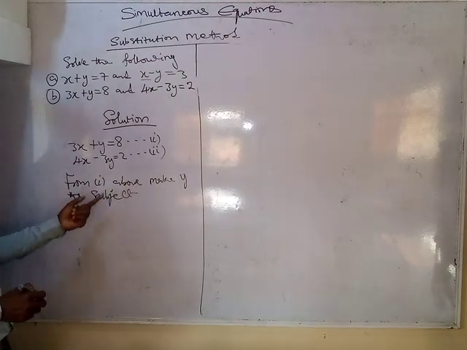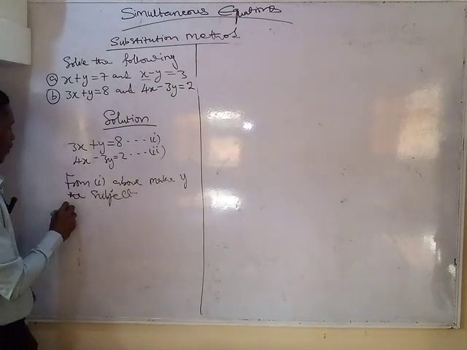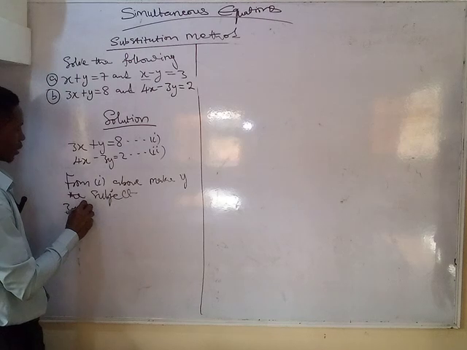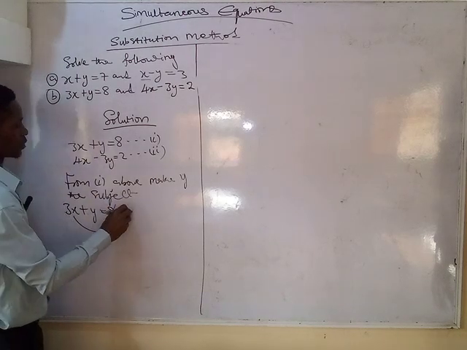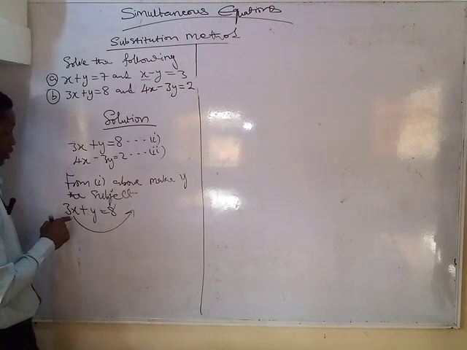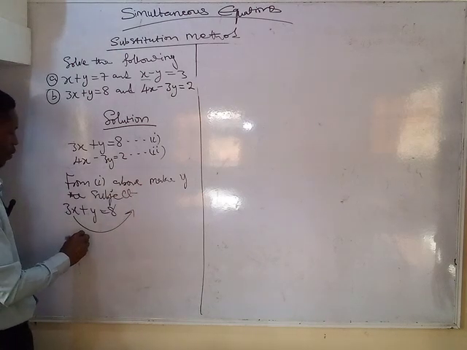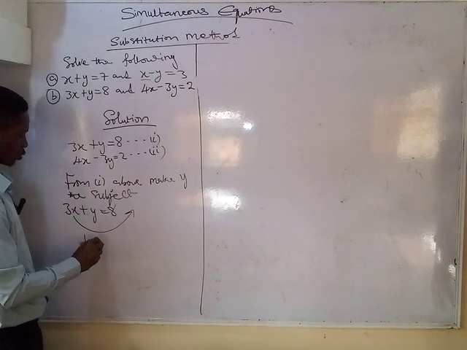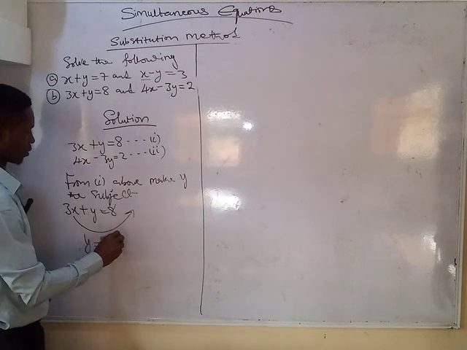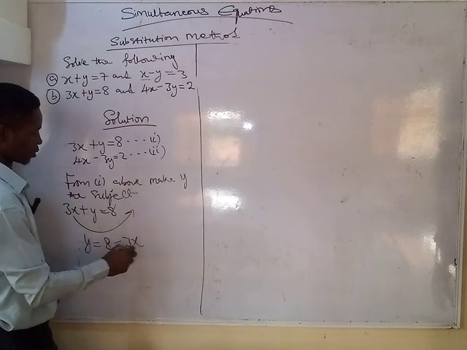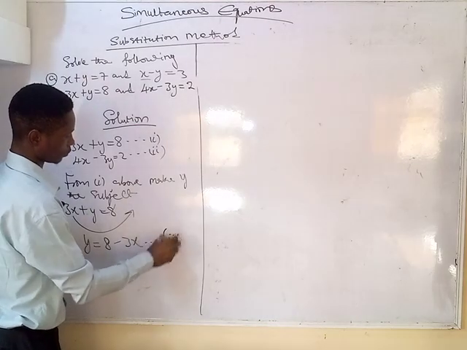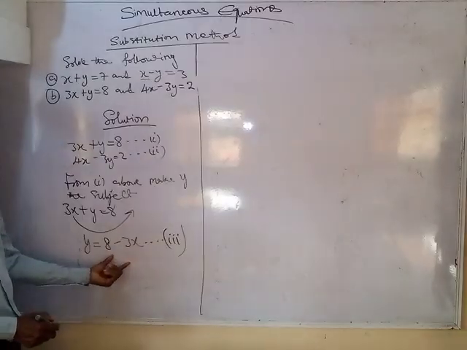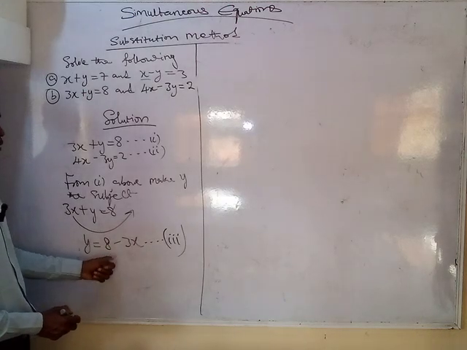So if I'm making y the subject here, I rewrite this as 3x plus y equals 8. I take this to this side. Positive becomes negative going there. So y is equal to 8 minus 3x. We call this equation 3. So all I'm doing now is to substitute this into equation 2.